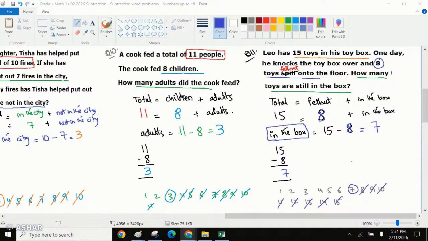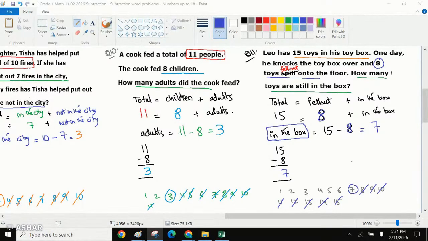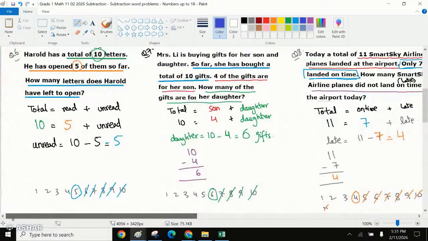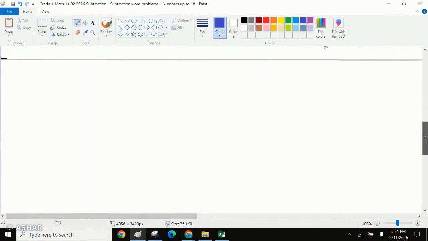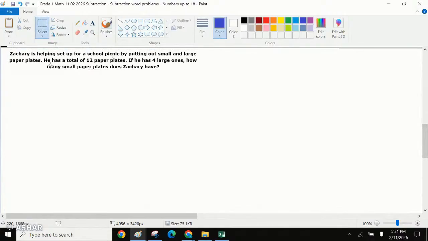Okay, one last question, then we will do the test. Zachary is helping for a school picnic. Last question. Okay, question number 12, then we do the test.